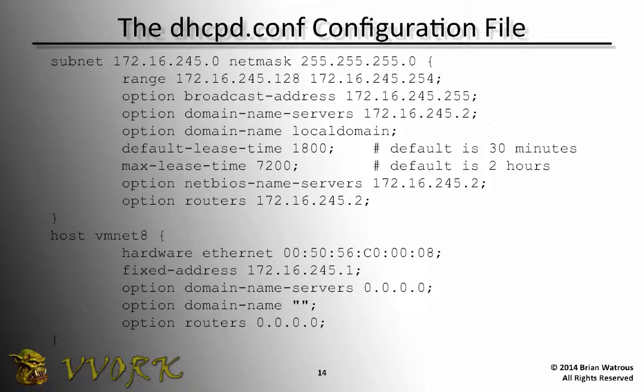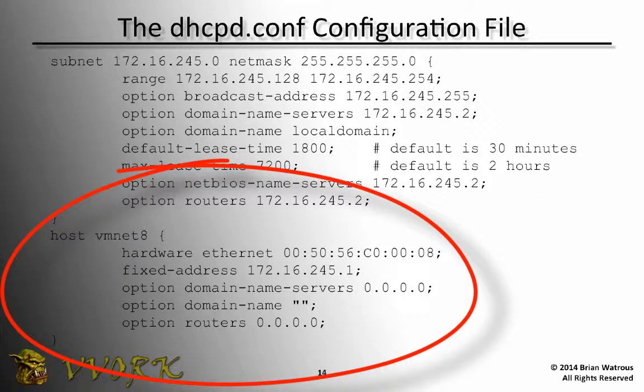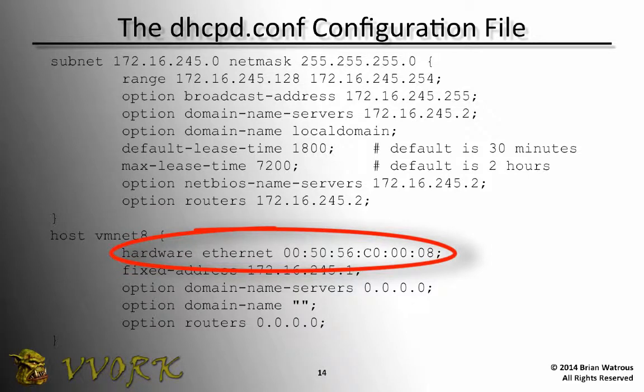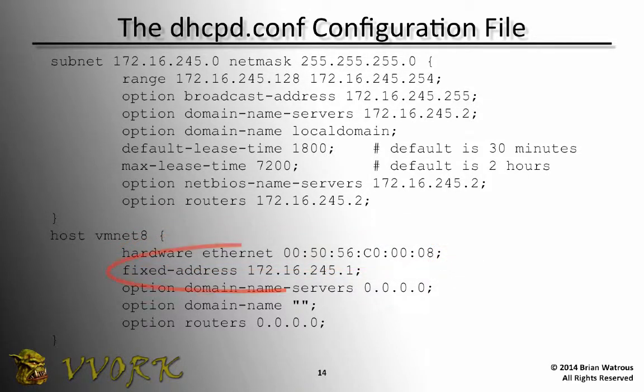Anyways, continuing onwards here, in the default dhcpd.conf file, there's a host section, an entry that says host vmnet8, which effectively is saying that this DHCP server that we're setting up is going to show up on the network at the MAC address that you see listed here and at the IP address that you see listed here.